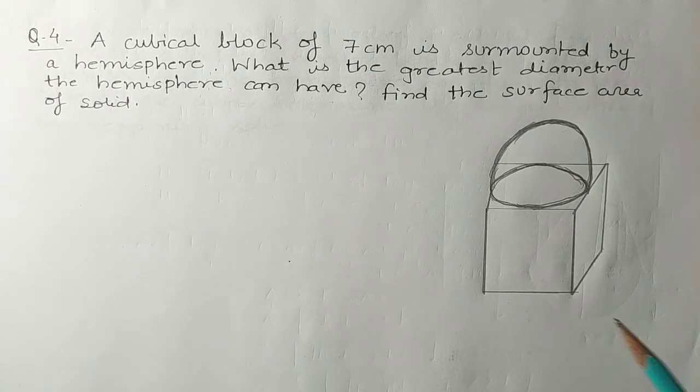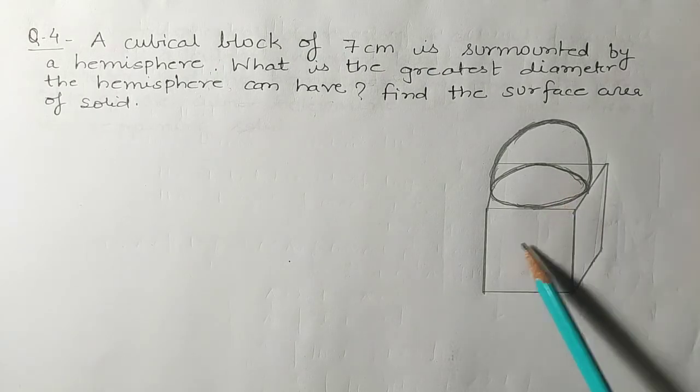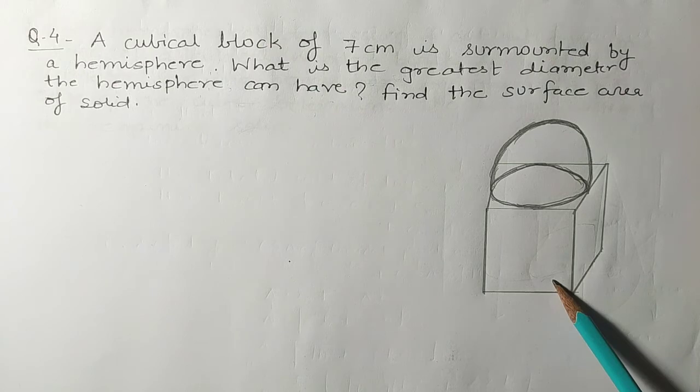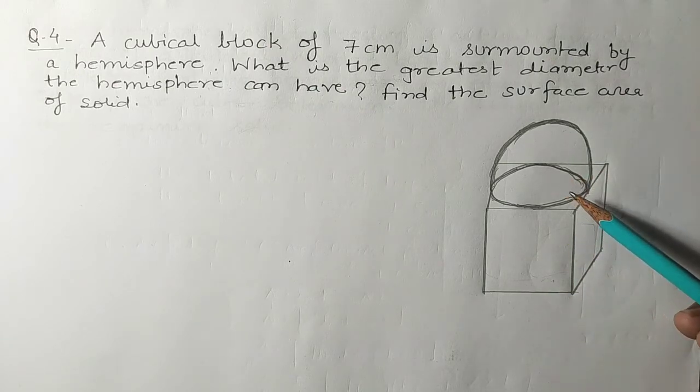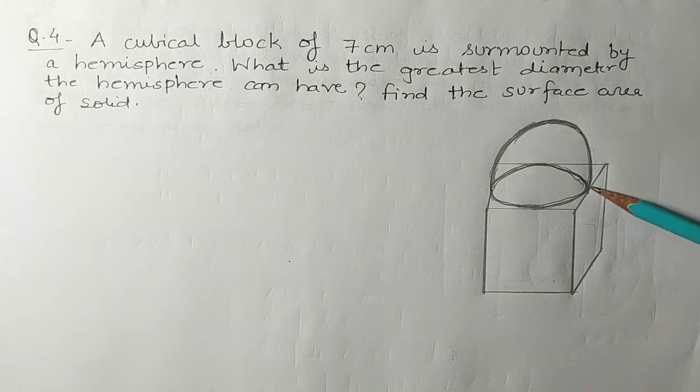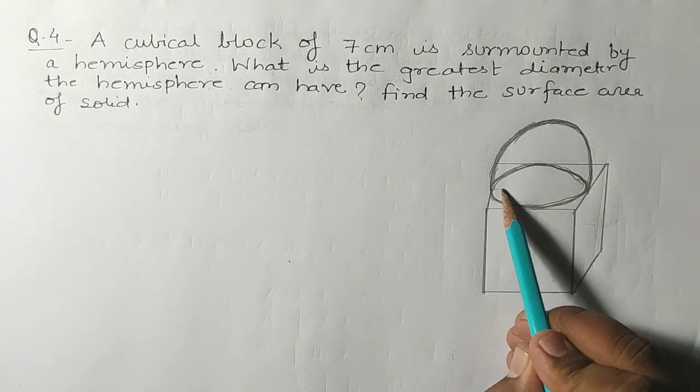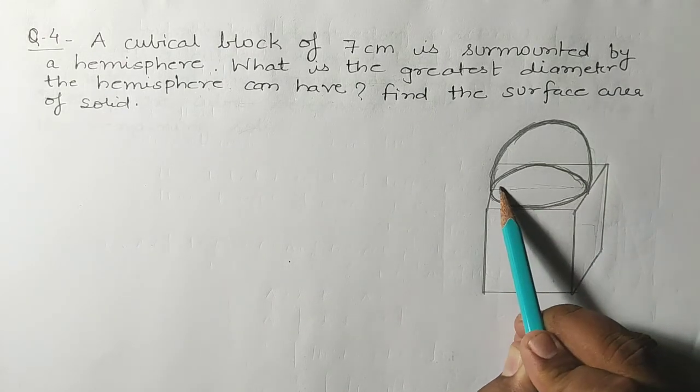See students, the figure will be like this. On the base this is a cube, and on one surface of this cube, on the top, there is a hemisphere, and this is the diameter of this hemisphere.